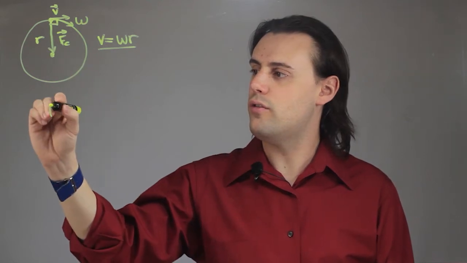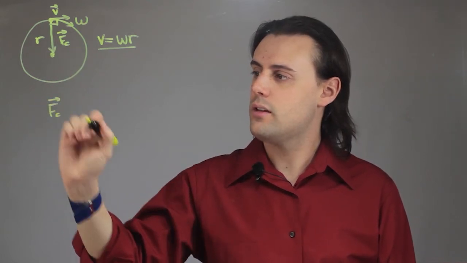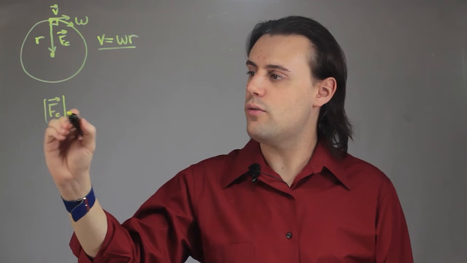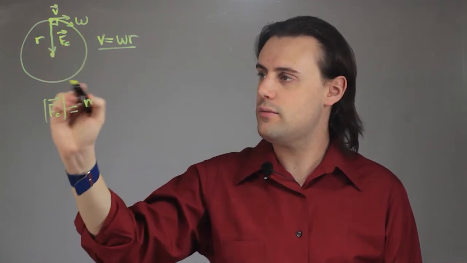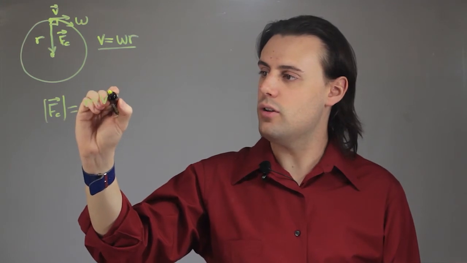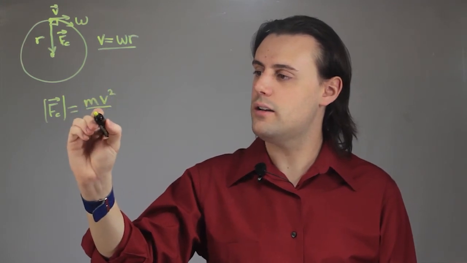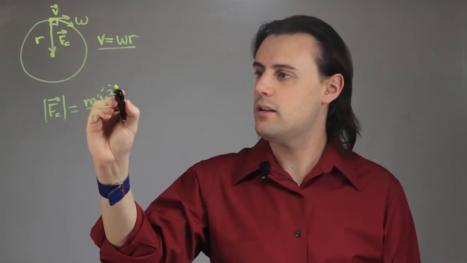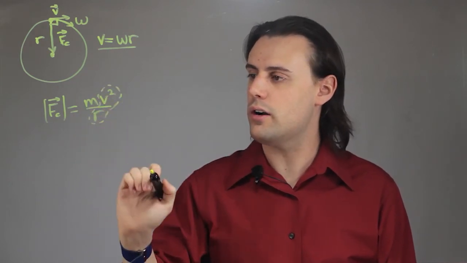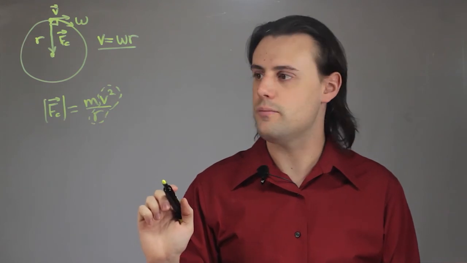Now, the magnitude of the centripetal force is going to be equal to the mass of the object times its velocity squared divided by the distance r. So you can see that the units of v squared over r is that of acceleration.